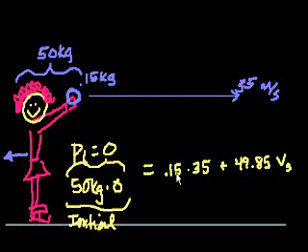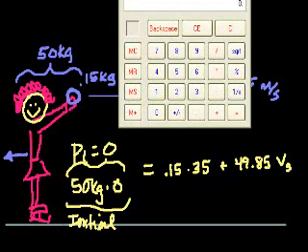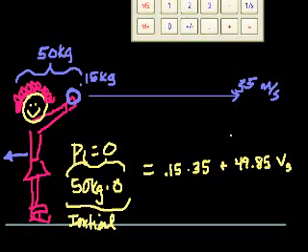And so let me get my trusty calculator out. Okay. So let's see. 0.15 times 35 is equal to 5.25.